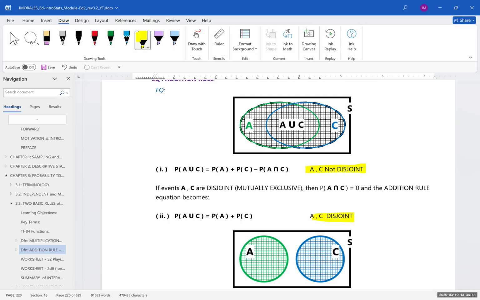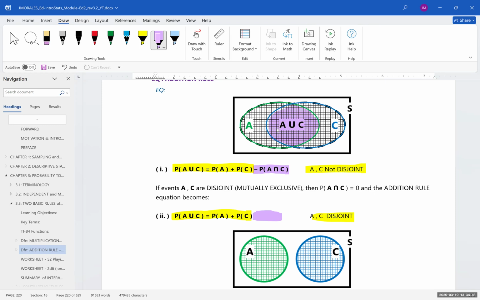And what you'll notice is that between these two equations, they're nearly identical, except the non-disjoint one has this subtract the probability of the intersection. So subtract the probability of the intersection of those two events. And you can see here that that term appears to be missing here.